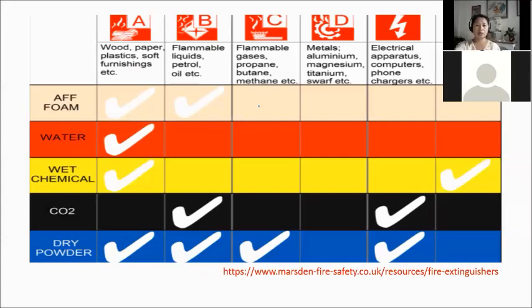Flammable gases like propane, butane, methane. So dry powder. And electrical apparatus, computers, phone chargers, no? Basta kuryente, CO2 at saka dry powder. And cooking oils and fats, wet chemical. Okay, so yun nga, kung electrical, notice na wala dyan yung water.